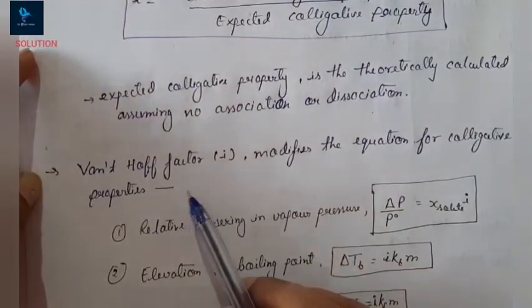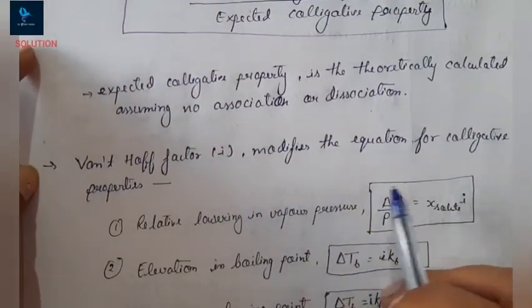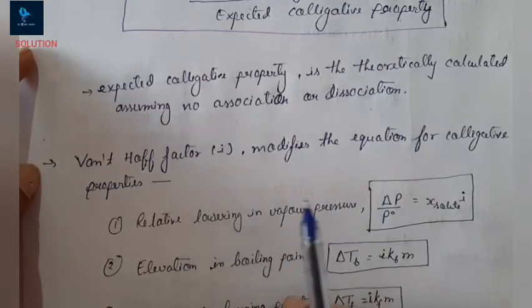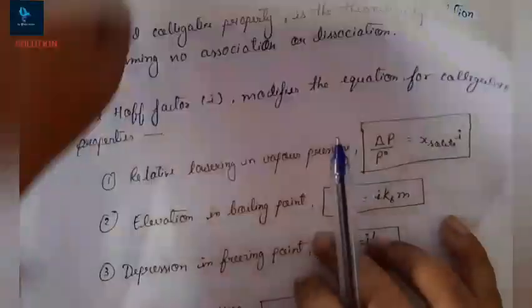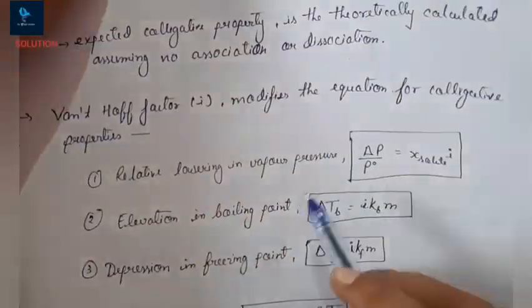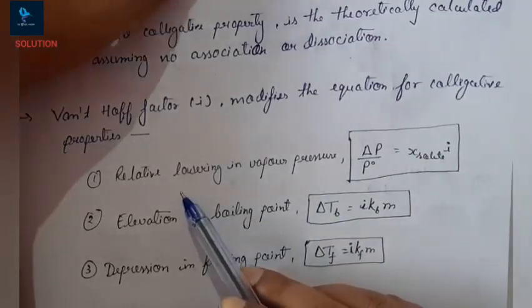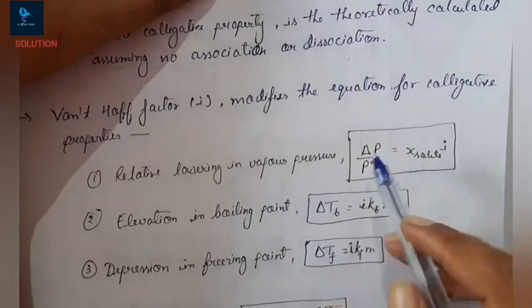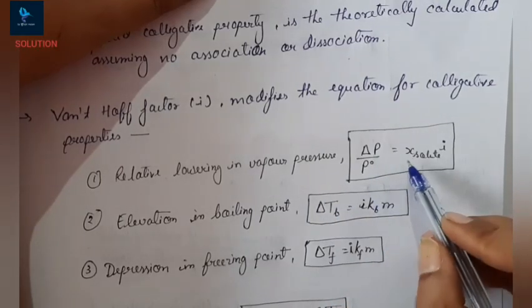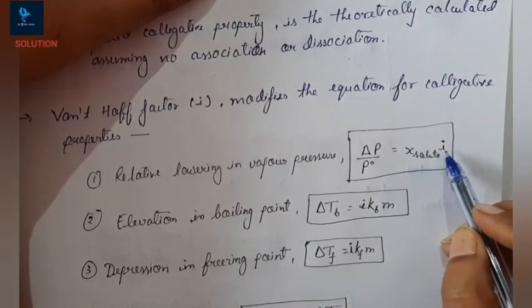Now the Van 't Hoff factor modifies the equations for colligative properties. What he did was simply multiply each colligative property by i. First, relative lowering in vapor pressure: delta P divided by P naught equals X multiplied by i.